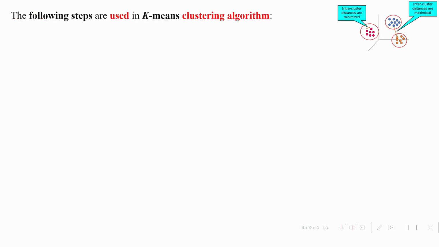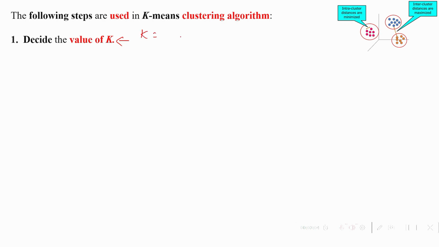In order to form the clusters we have to follow different steps. We'll see the k-means clustering algorithm here. The first step is to decide the value of k. That is very important. Based on our data set, you have to define how many clusters you are going to form.